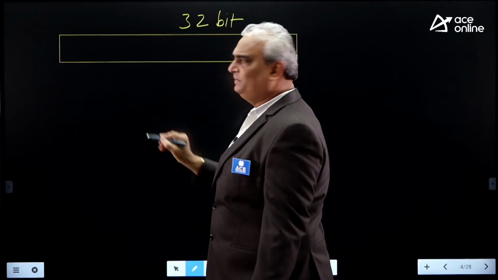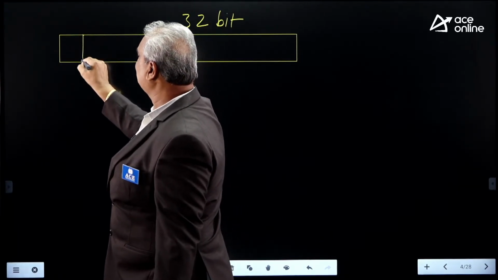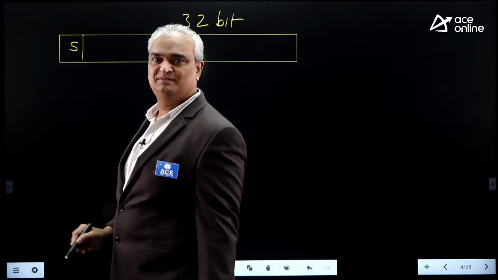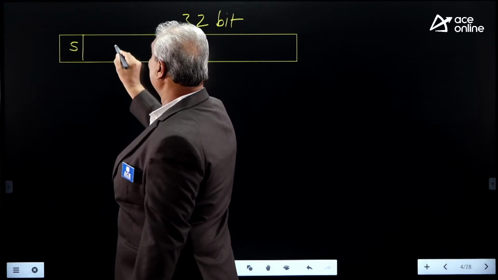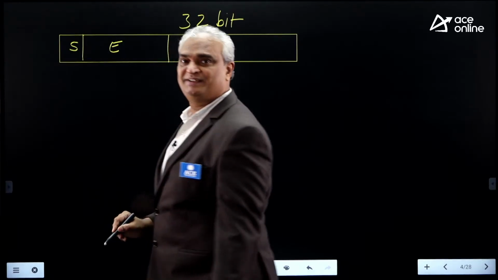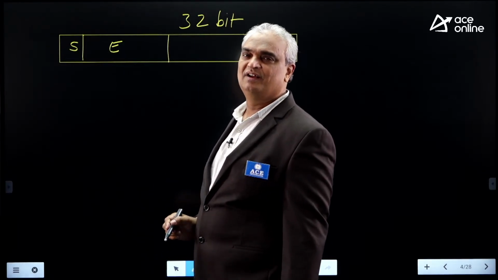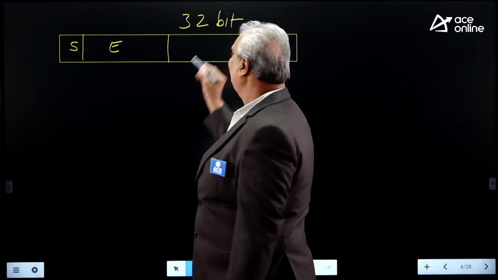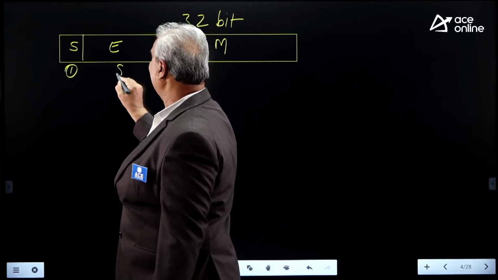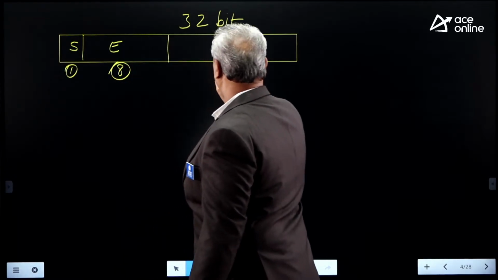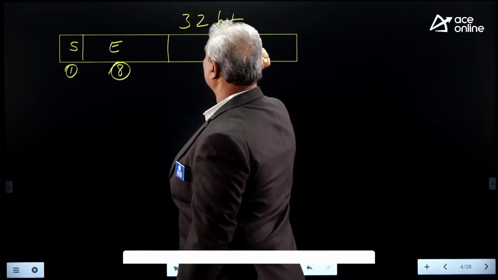In these 32 bits, the MSB is reserved for representing the sign of the data. The next 8 bits are reserved for representing the biased exponent, also known as the excess exponent. Next is the mantissa: 1 bit, 8 bits, and the remaining 23 bits, because the total size is 32 bits.